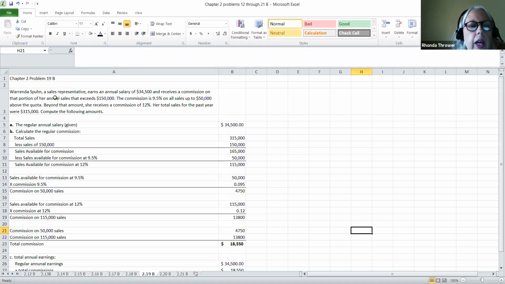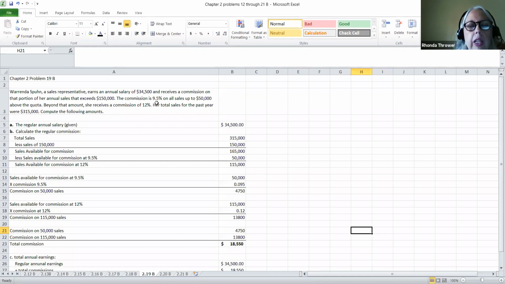Miranda Spun, a sales representative, earns an annual salary. Notice that says annual salary of $34,500 and receives a commission on that portion of her annual sales that exceeds $150,000. So in other words, she has to sell at least $150,000 worth of whatever it is that they're selling before she can earn a commission.